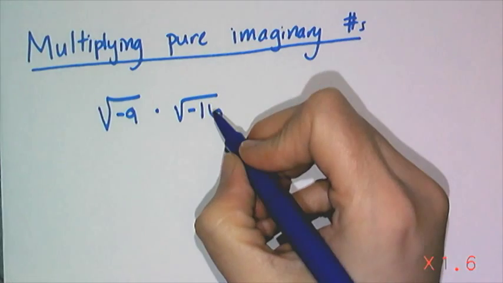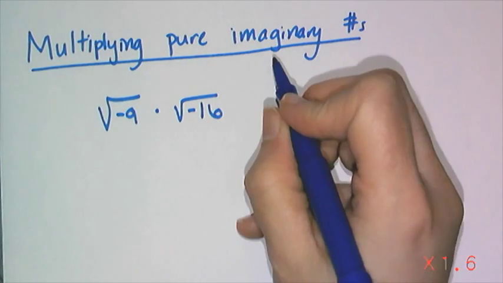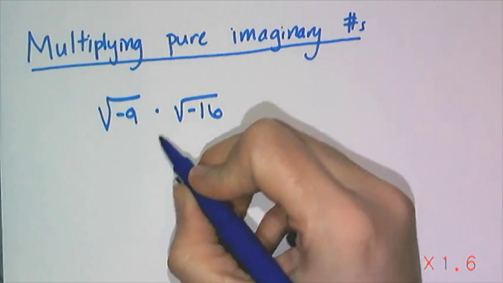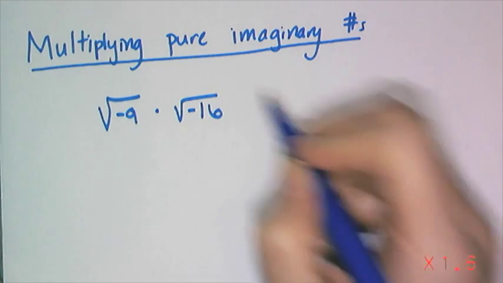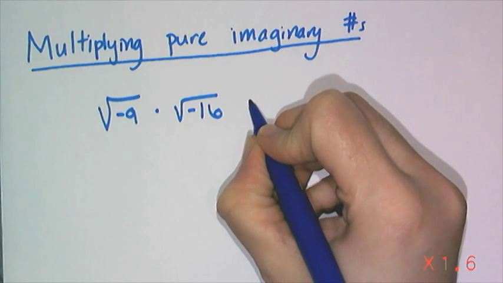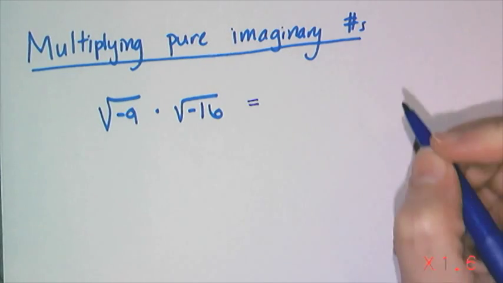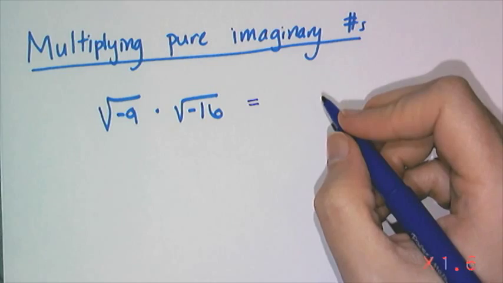So now we're going to talk about multiplying pure imaginary numbers. And so if I have the square root of -9 and the square root of -16, I have to first convert them into i format.